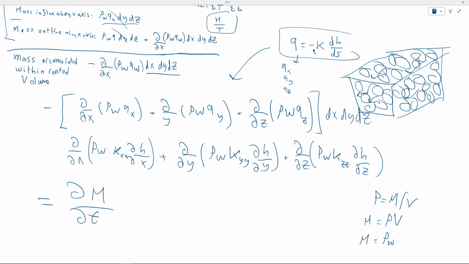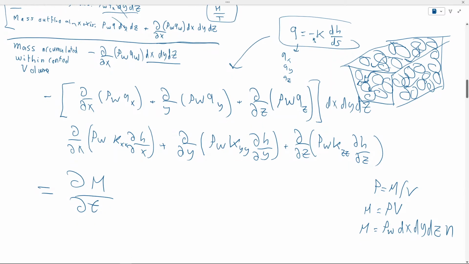So I will add my volume here, which will be dx, dy, dz. And then I will add porosity. So porosity accounts for the pore space where water is flowing or is occupied by water. Not necessarily flowing, but occupied by water. Okay, so that is the mass.